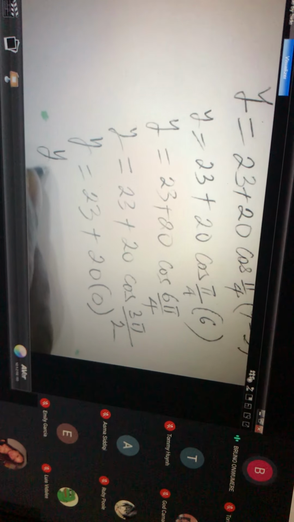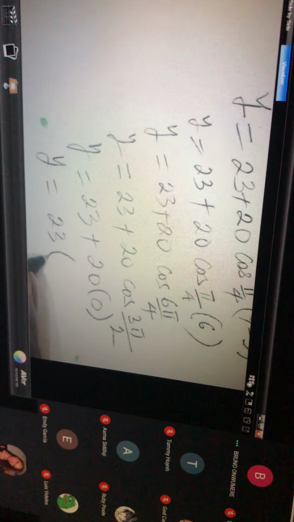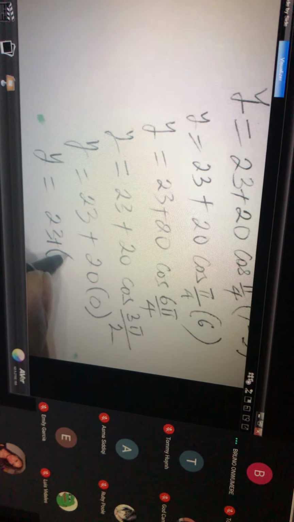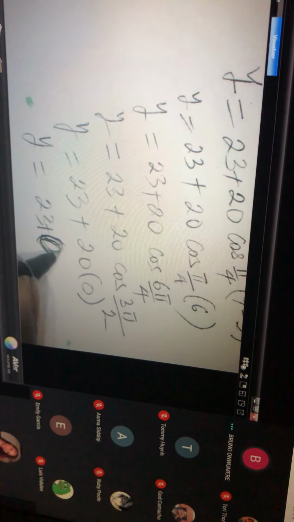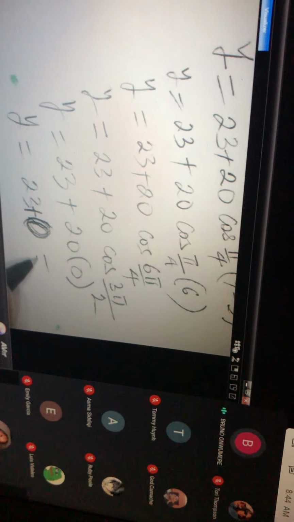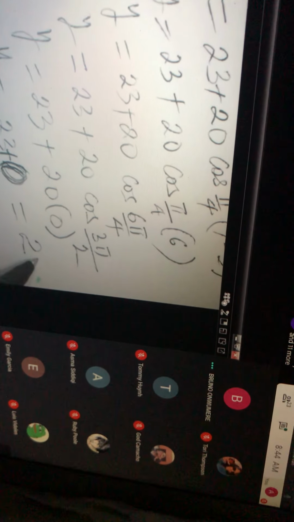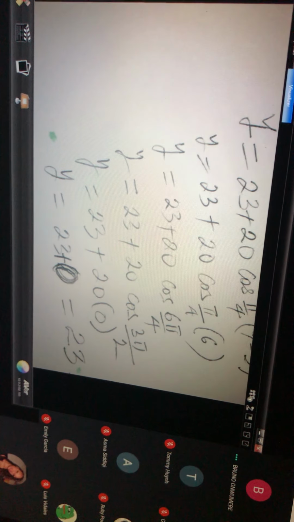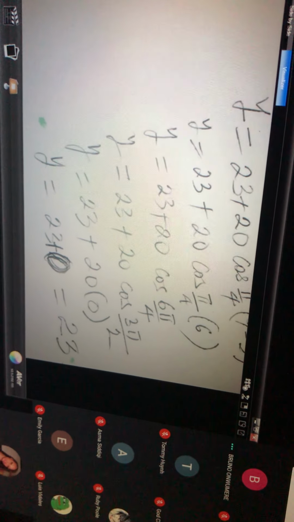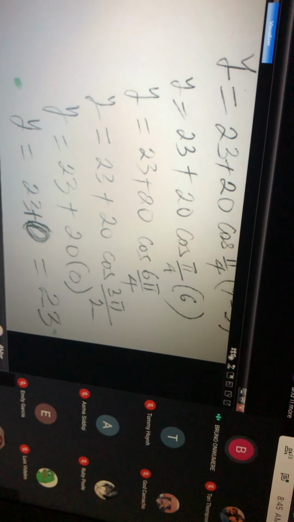So what you have now is y is equal to 23 plus 20 times 0, which is what? What's 20 times 0? 0. Then what's 23 plus 0? 23. That's how you get the answer by hand. You can do all of them by hand if you want.